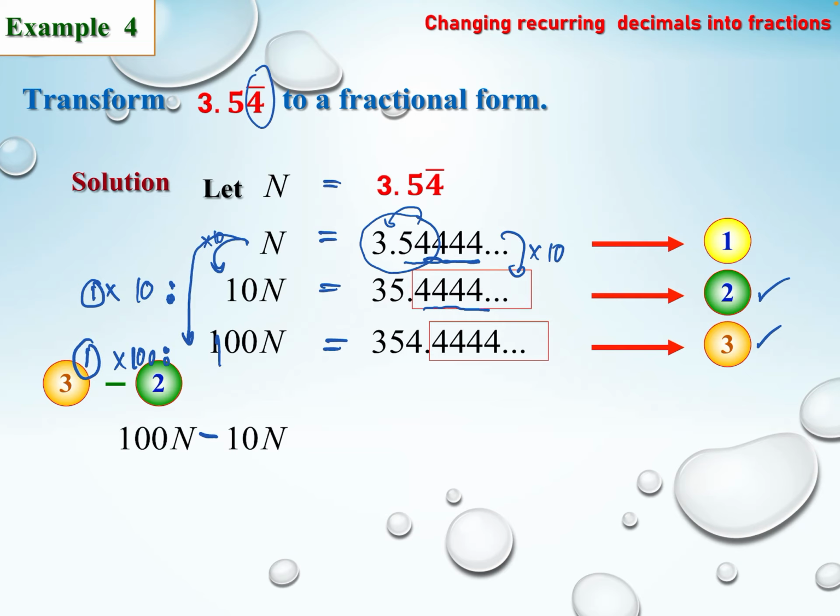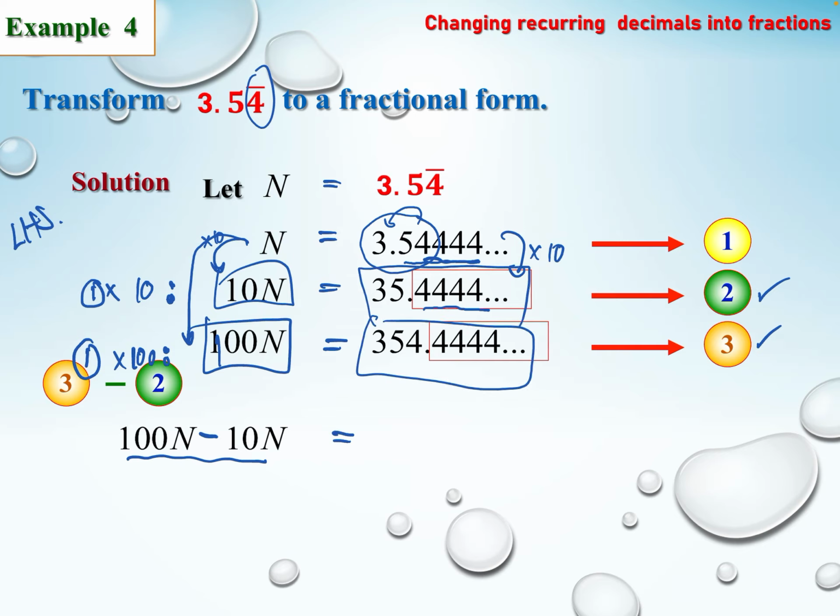Left hand side minus left hand side: 100n minus 10n, okay, is equal to right hand side minus right hand side. So we have 354.4444 minus 35.444.